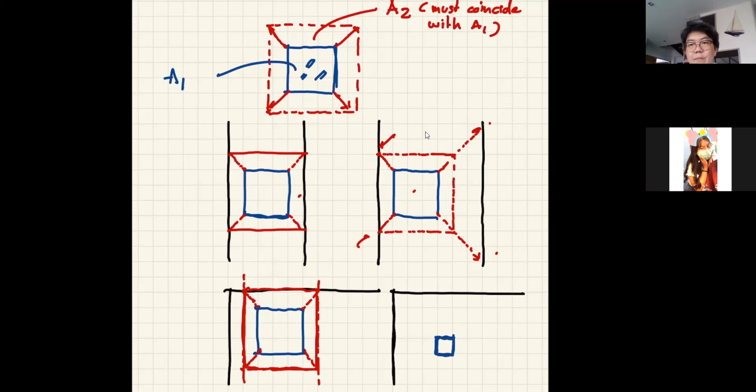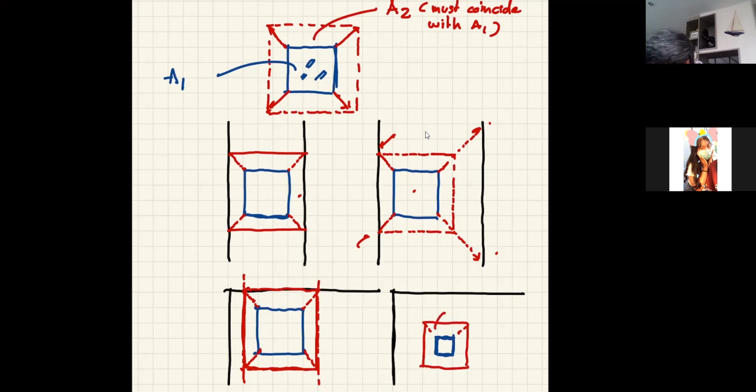So no matter how big your concrete area is, you cannot have A2 beyond the limitation. And the limitation is 4.